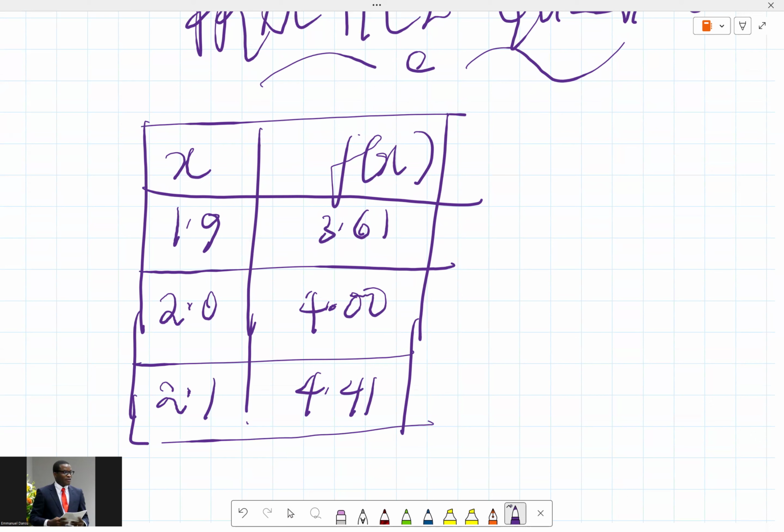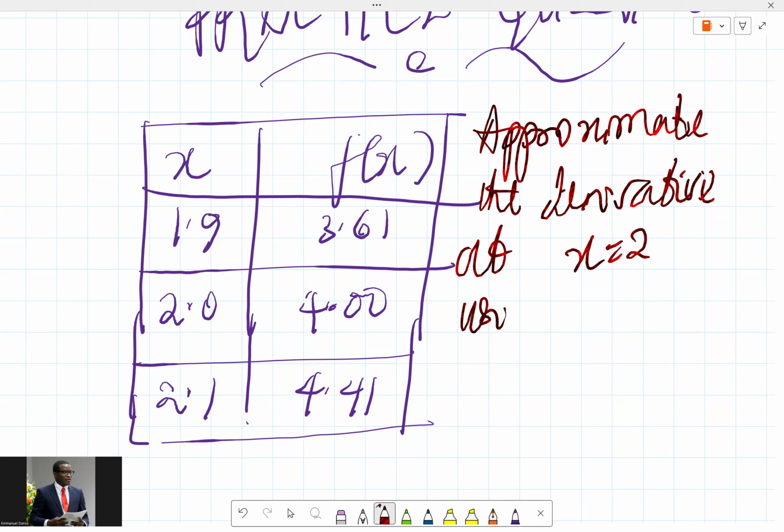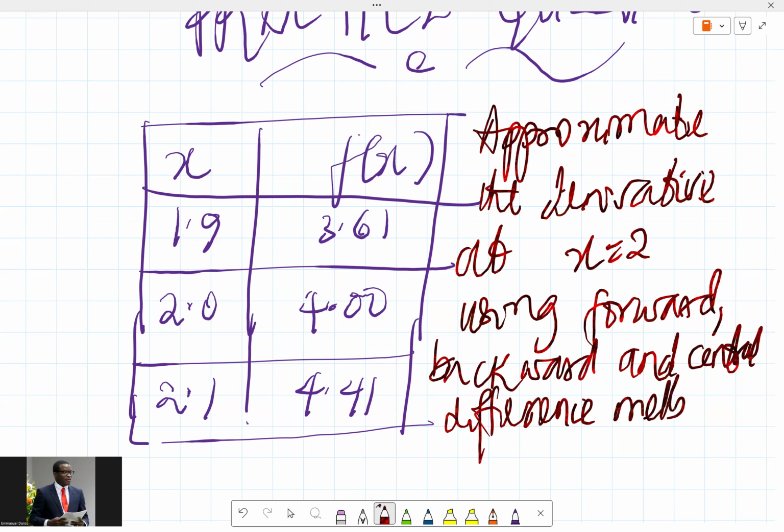So now the question is to approximate the derivative at x equals 2 using forward, backward, and central difference methods with h equals 0.1.